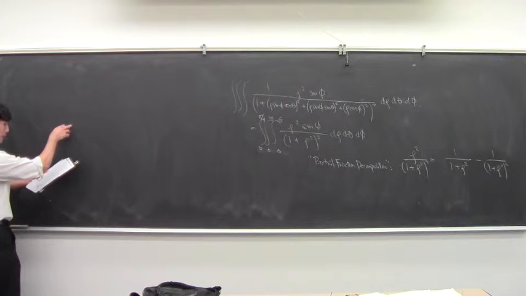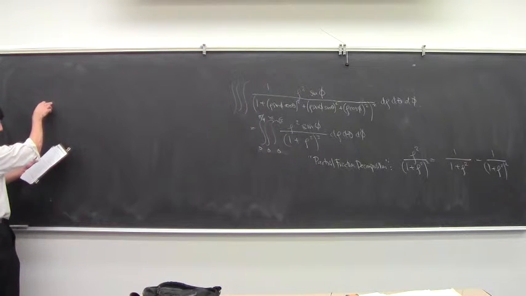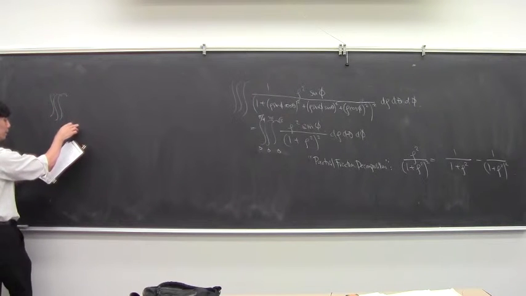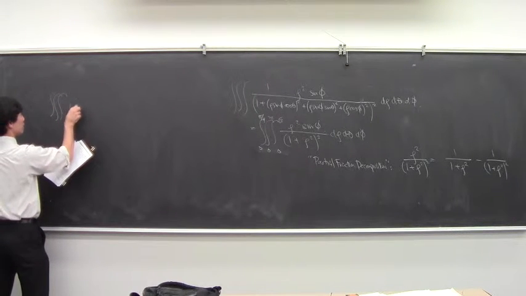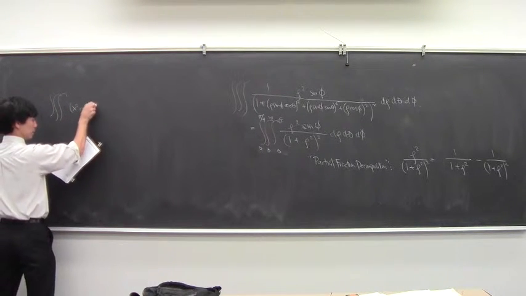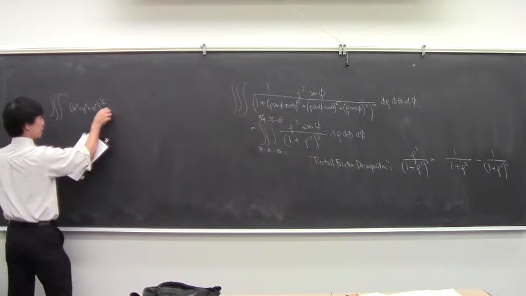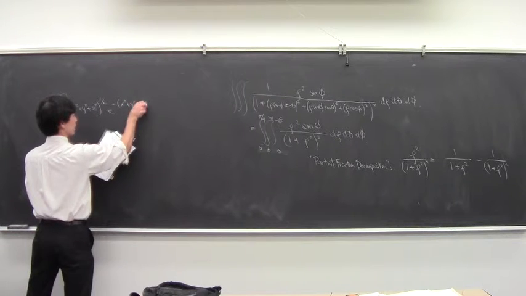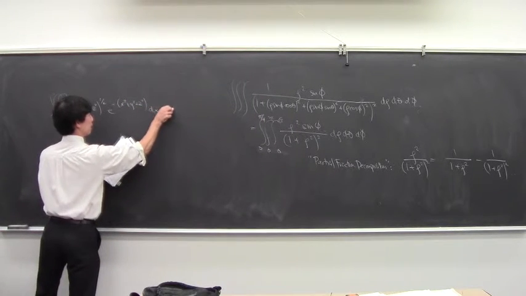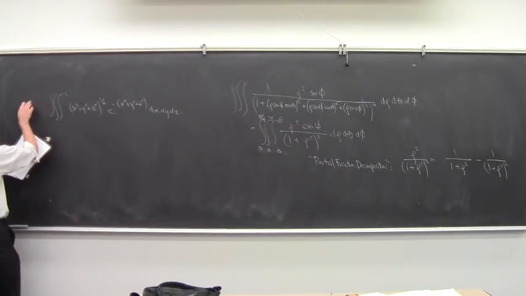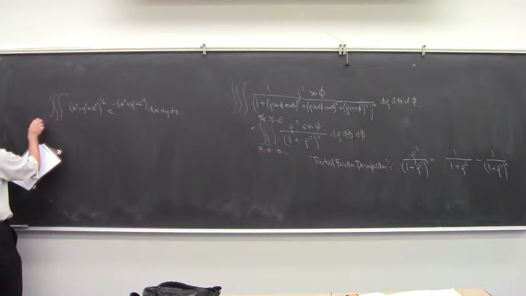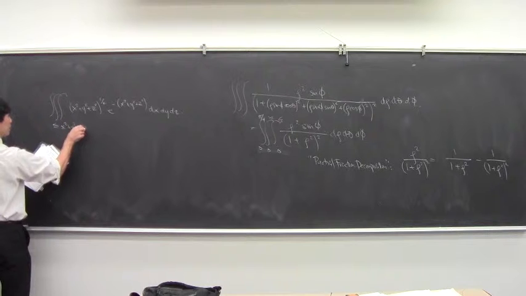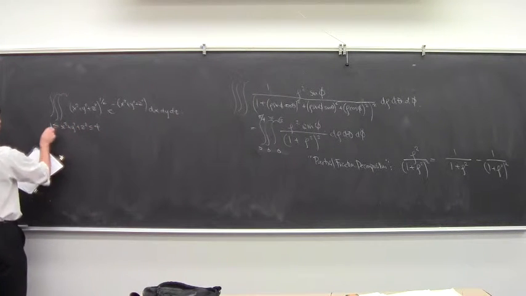Last example. Somebody gives you an integral in Cartesian coordinates: (x squared plus y squared plus z squared) to the 1/2 times e to the negative (x squared plus y squared plus z squared) dx dy dz over the hollow ball where x squared plus y squared plus z squared ranges between 1 and 4.